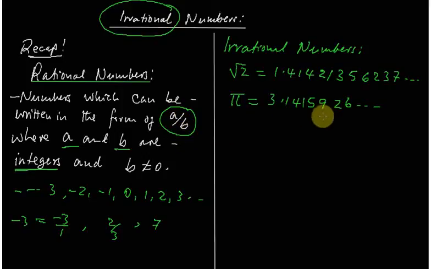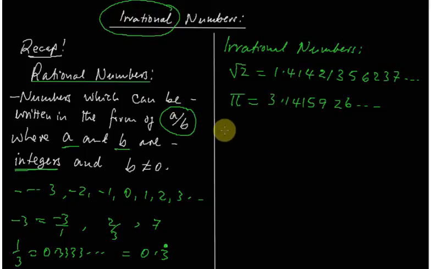Repeating decimals like 1 over 3, which equals 0.3333 forever, written as 0.3 with a dot, are in the category of rational numbers. But decimals which do not have that pattern of repeating are called irrational numbers.